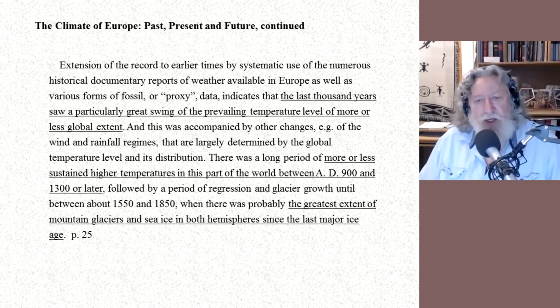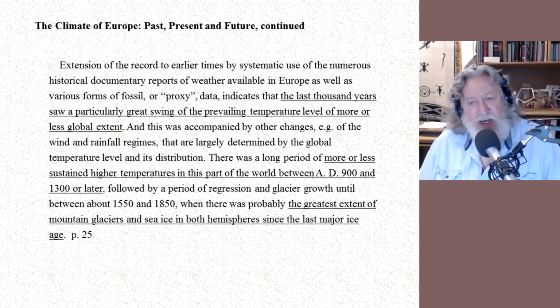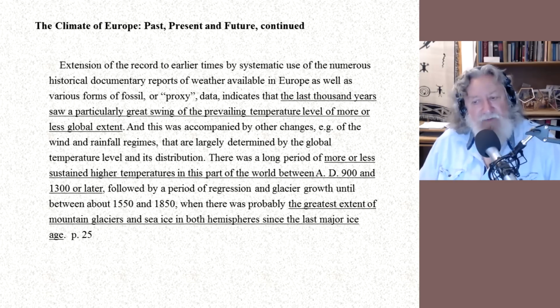There was a long period of more or less sustained higher temperatures in this part of the world between AD 900 and 1300 or later, followed by a period of regression and glacier growth until between about 1550 and 1850, when there was probably the greatest extent of mountain glaciers and sea ice in both hemispheres since the last major ice age. So, yeah, I think this stuff is important to provide a context.